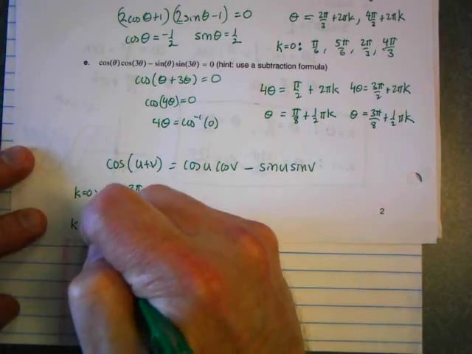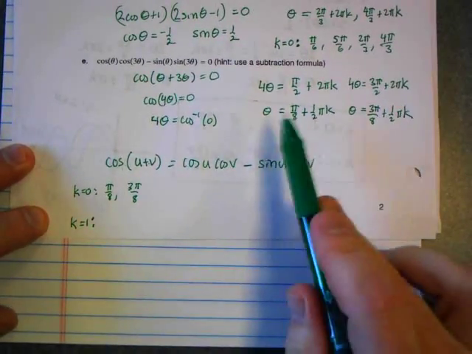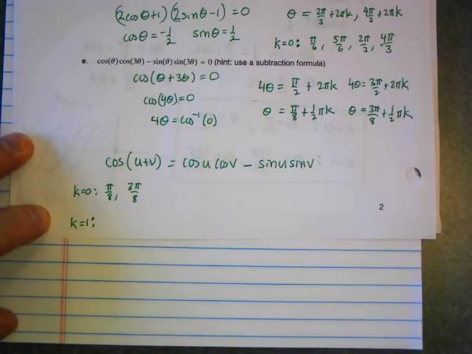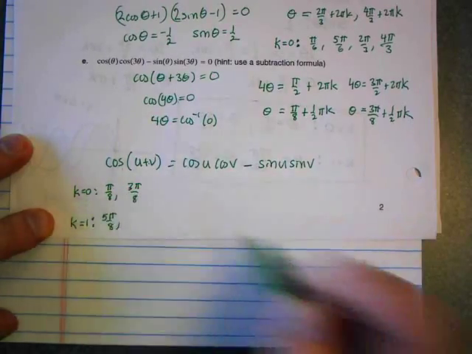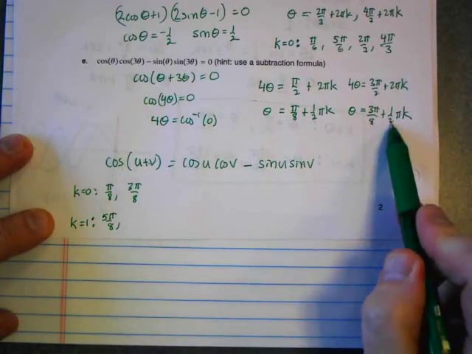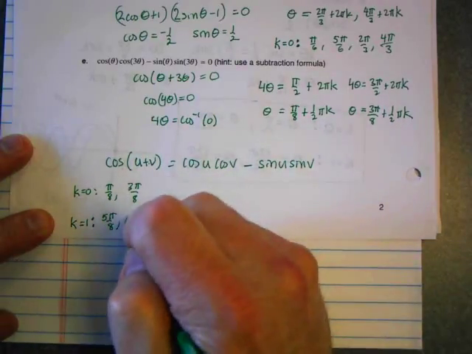I plug in k equals 1. I'm going to have pi over 8 plus 1/2 pi, 5 pi over 8. And then the next one is 3 pi over 8 plus pi halves, 7 pi over 8.